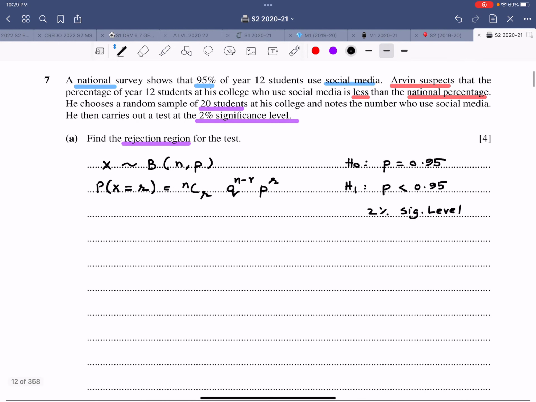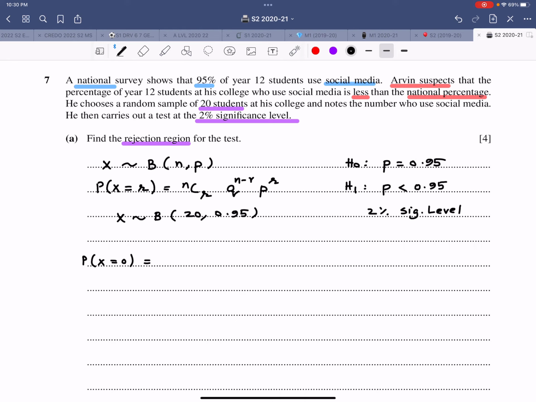Now, in order to find the critical region, I should start from a very, very small value. For example, probability x equals 0. When I calculate this probability, X follows a binomial distribution 20, 0.95.